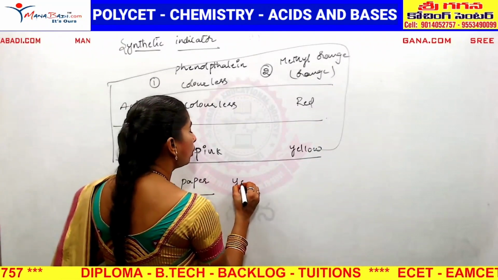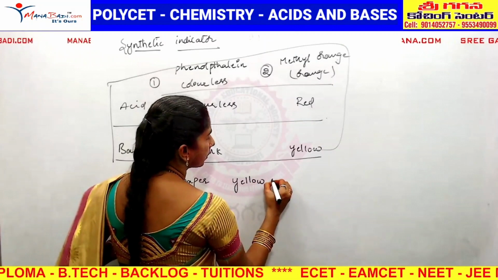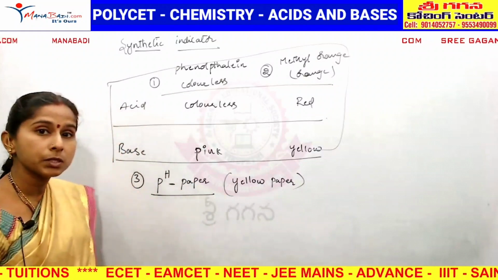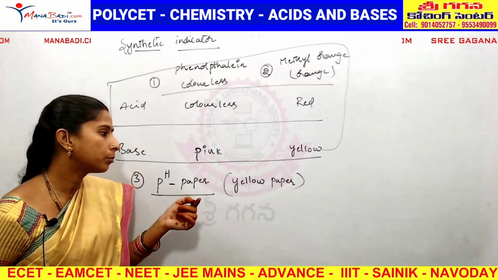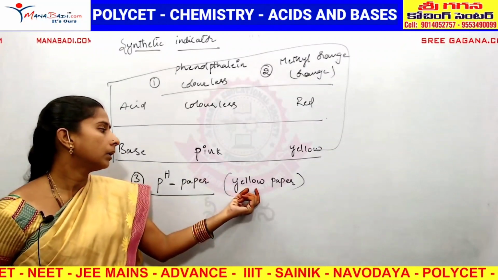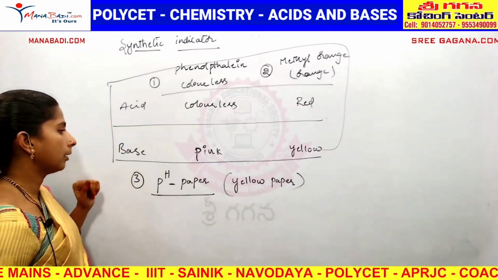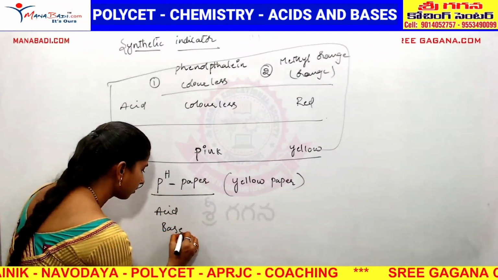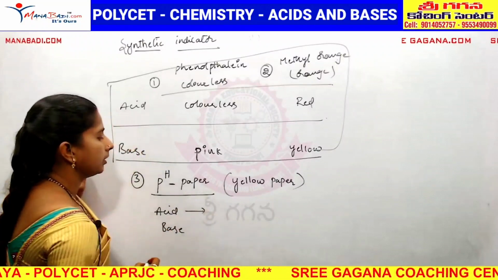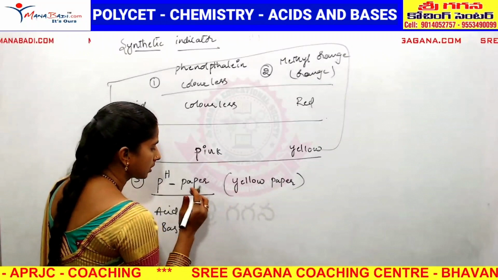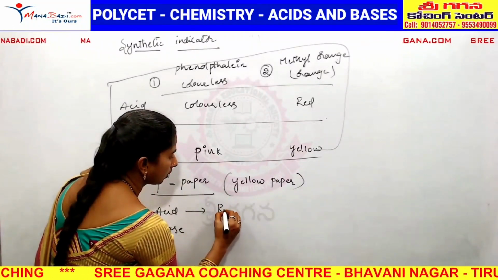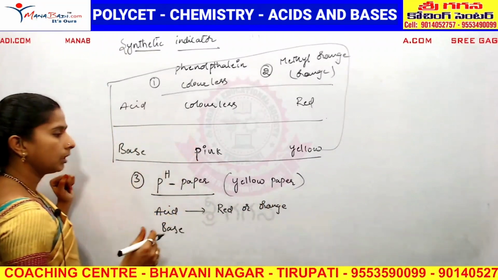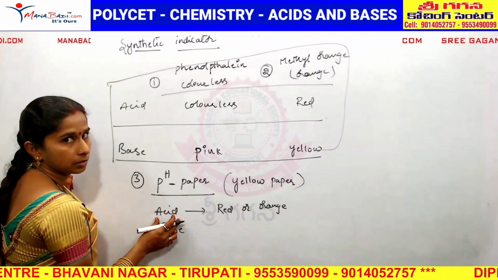That is yellow color paper. Yellow strips are there, like litmus paper. Just as blue litmus and red litmus strips are there, yellow strips will be available in our laboratory. With acid, if the yellow color changes to red or orange, that is an acid.